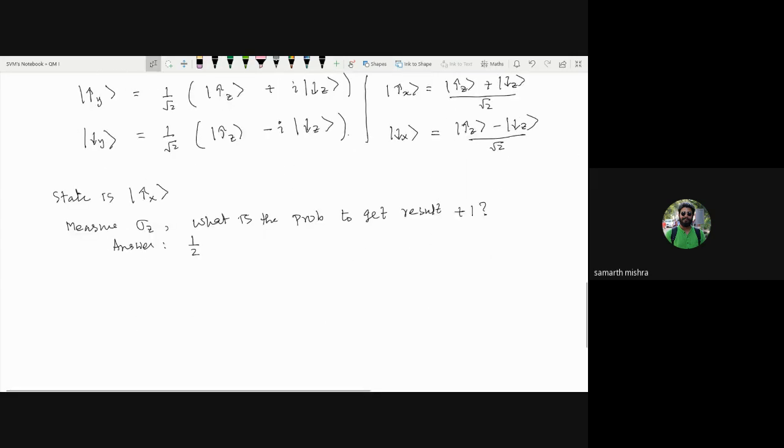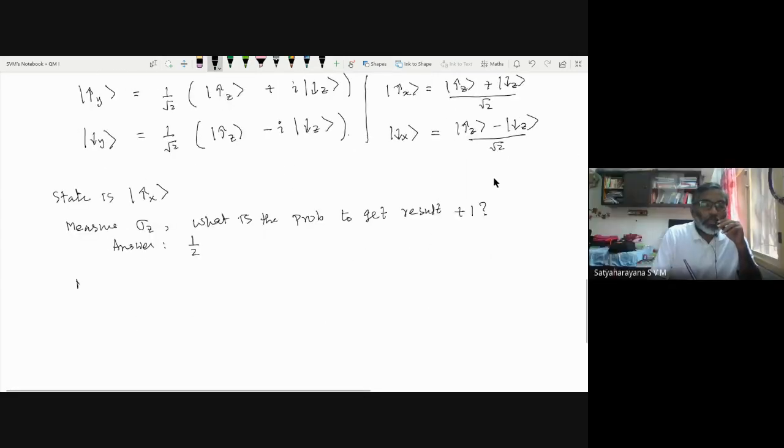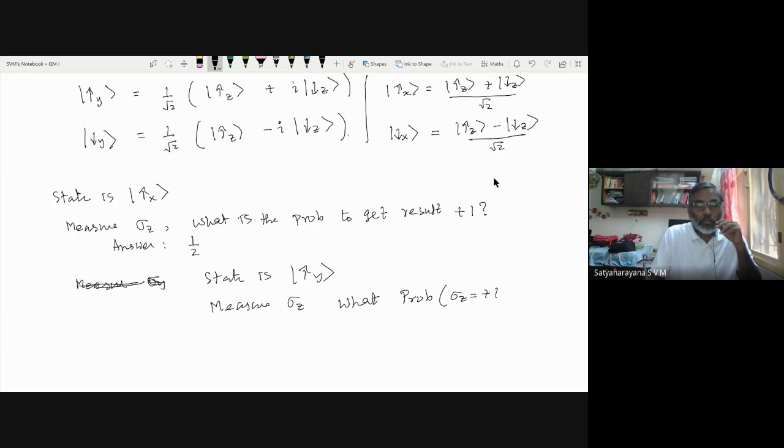And suppose now the state is up y, and I repeat the same question. Measure sigma z, and what is the probability that sigma z is equal to plus 1?